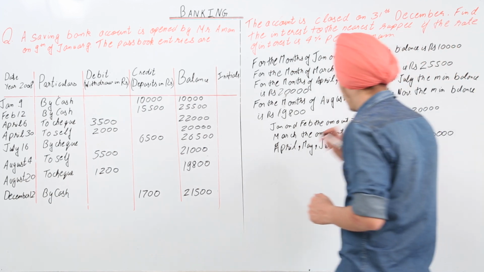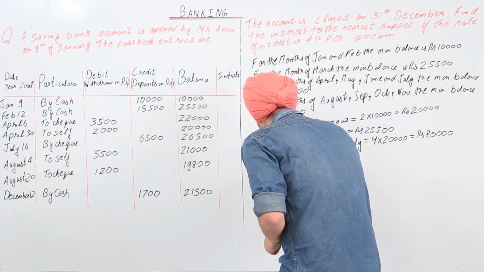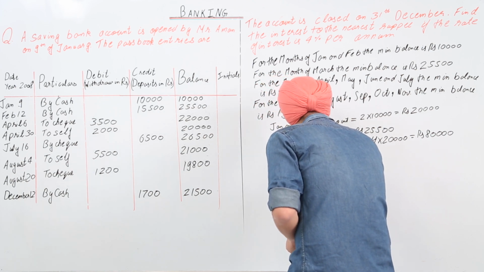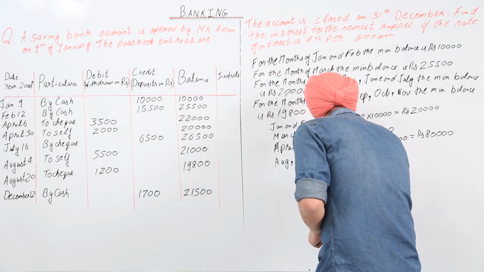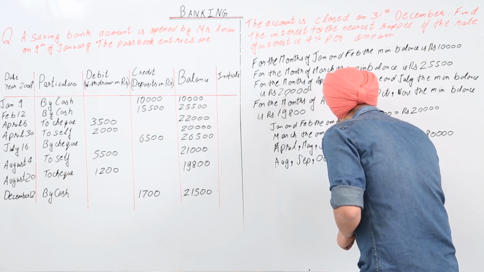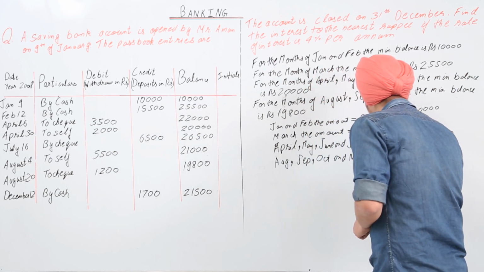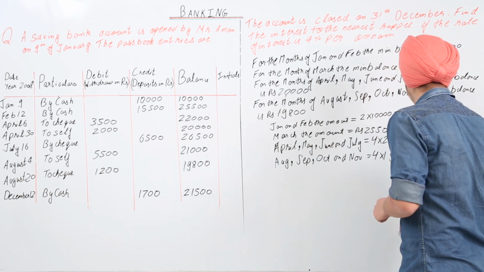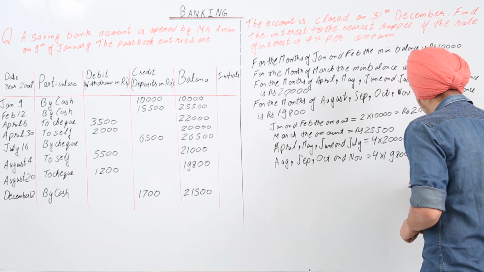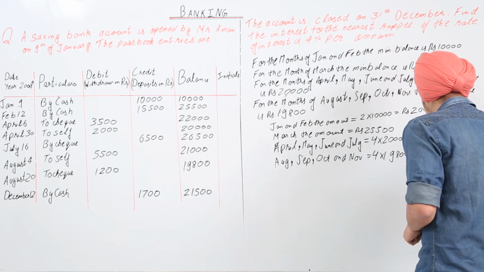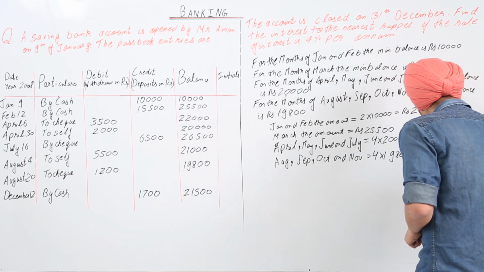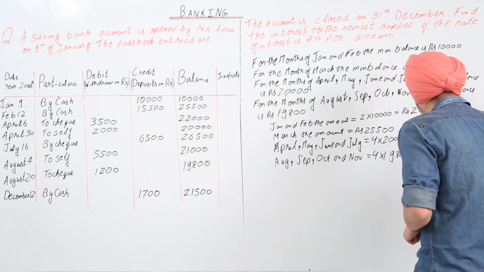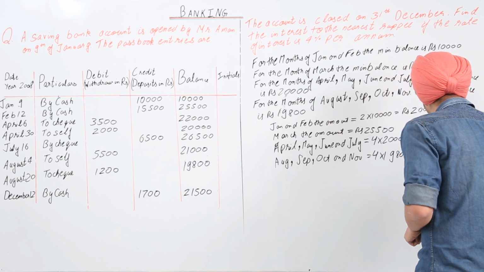And for the months of August, September, October and November, the minimum balance is 19,800. So for August, September, October and November, the amount is equal to 4 into 19,800, which comes out to be equal to rupees 79,200.